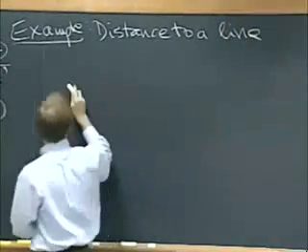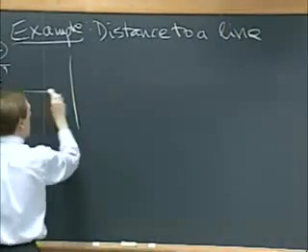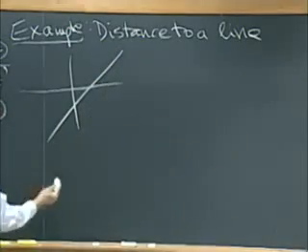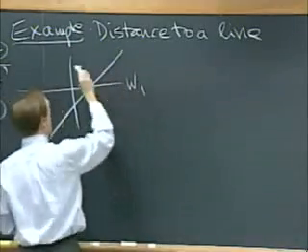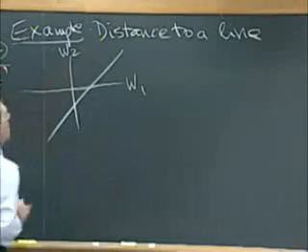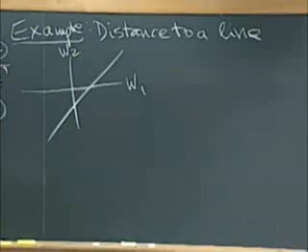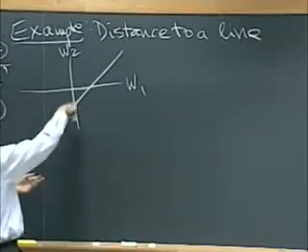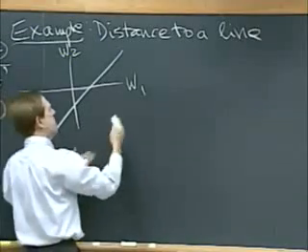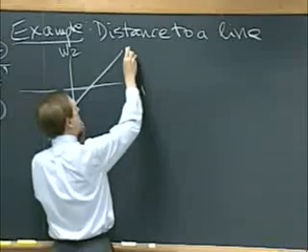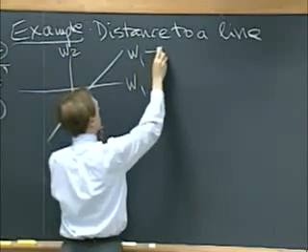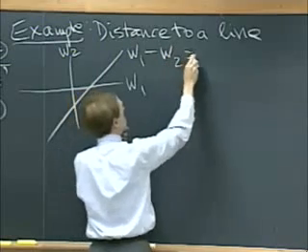Okay, so I'm in W space, W1, W2. And there's some line. It has a slope of 1, so maybe W1 minus W2 equals 2.